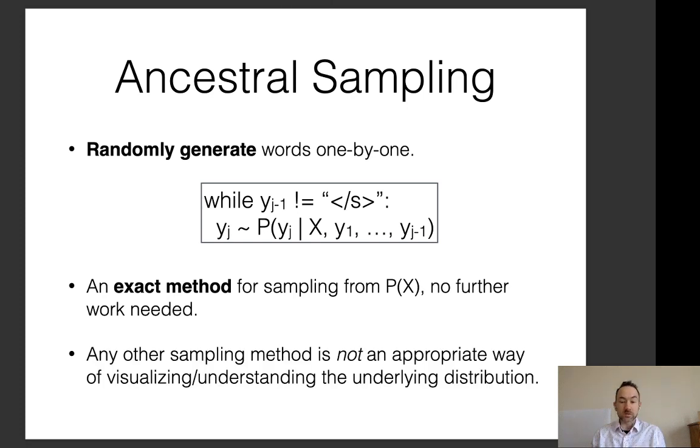Another thing to note is any other sampling method is not an appropriate way of visualizing or understanding the underlying distribution. There are other sampling methods that could be used to generate outputs, but if we really want to know what the model knows or what the model thinks are the plausible outputs, then this is the only method and the best method that we could use.